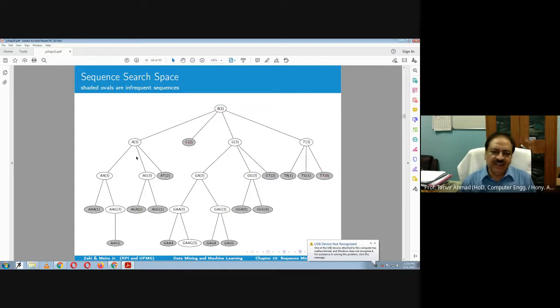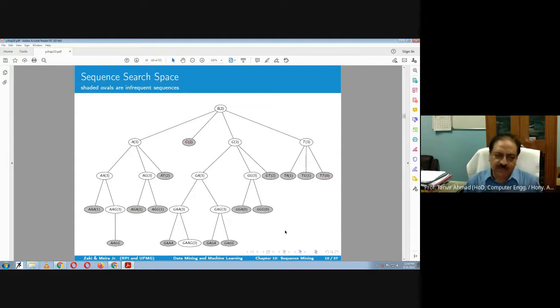Therefore, after running the algorithm, this part is called C1. This is C2, this C3, this C4. All those which are white boxes are the ones which pass as frequent patterns, whereas all those gray ones are removed because they are infrequent sequences.